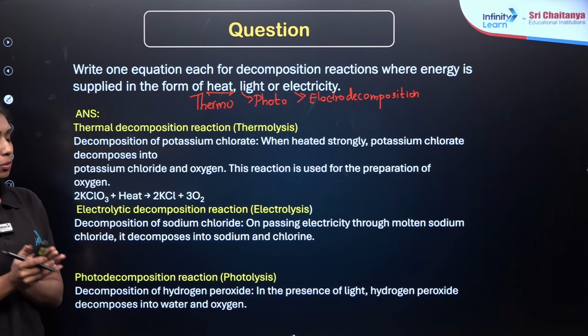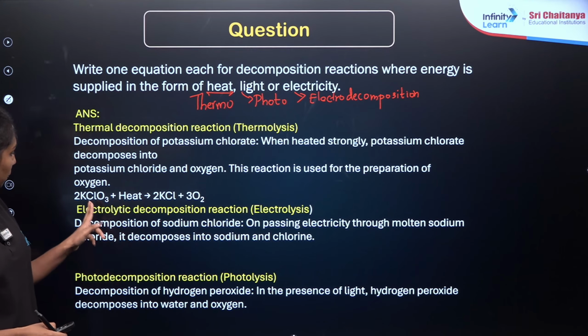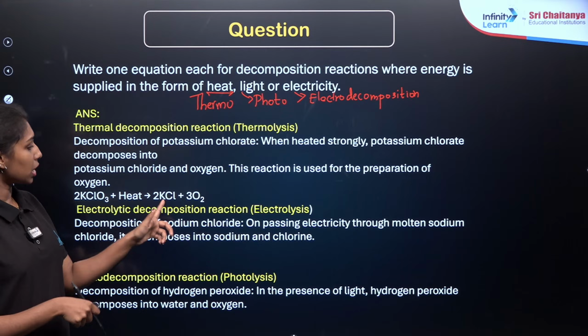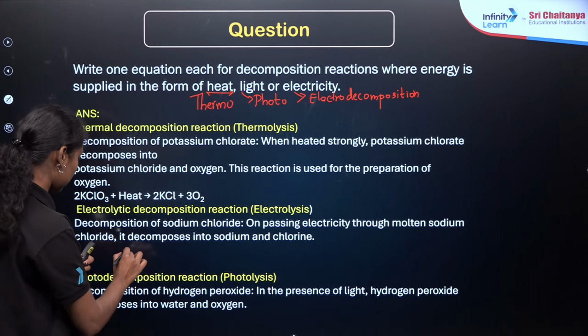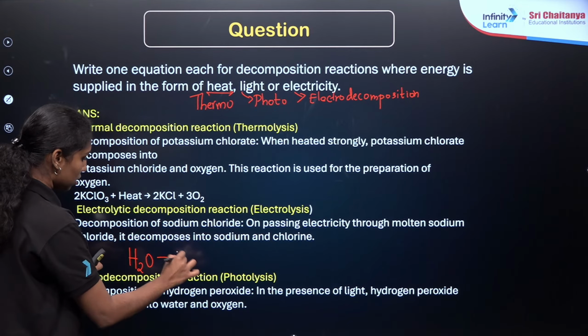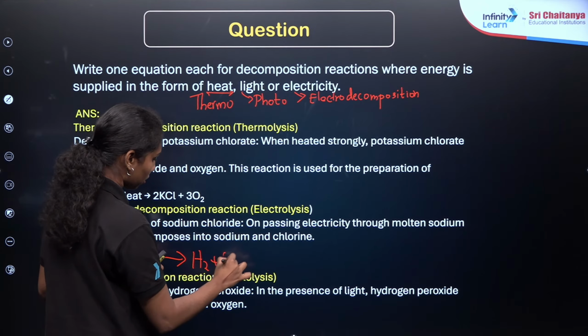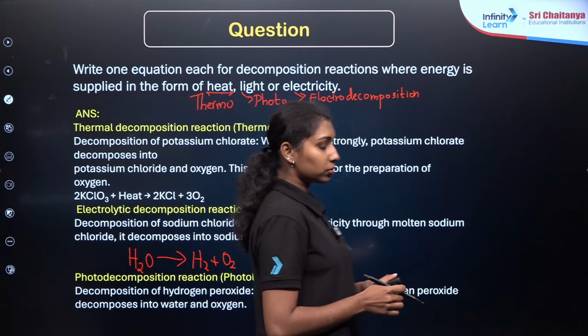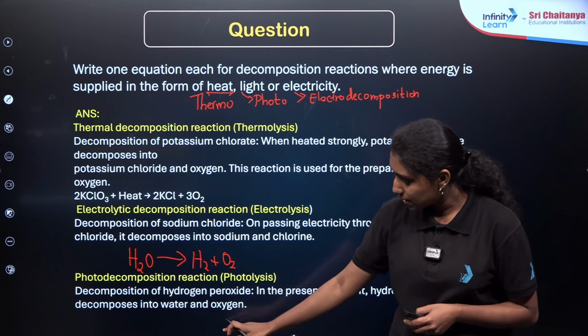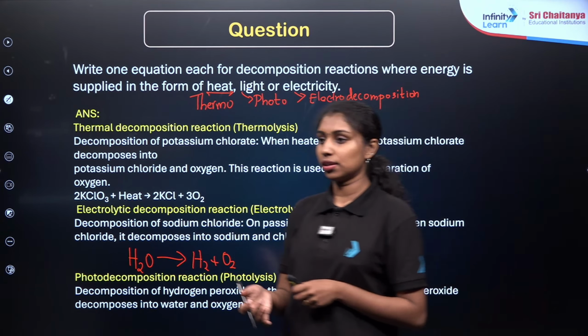So this is the explanation for the thermal decomposition. Example is given here: potassium chlorate is converted into potassium chloride and oxygen. Then electrolytic decomposition in the case of the water molecule, right? It will form H2 and O2. Then what about photodecomposition? Hydrogen peroxide will be decomposed into water and oxygen.